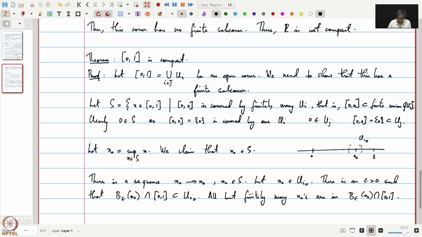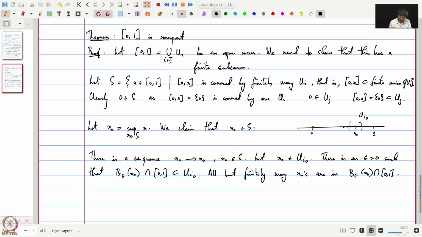Eventually all of them will land inside this small open neighborhood around x_0. So we choose some x_m in B(epsilon, x_0) intersected with [0, 1]. This is 0, this is x_0, this is our interval, and let us say x_m is here, and this is 1.